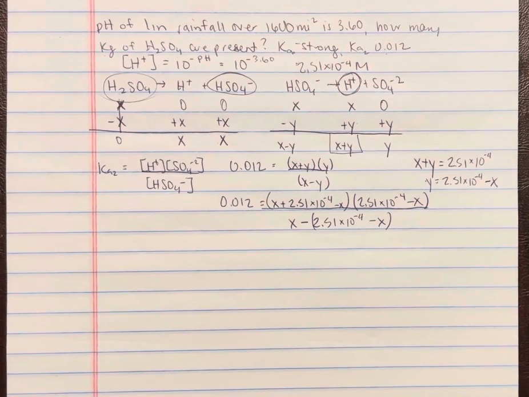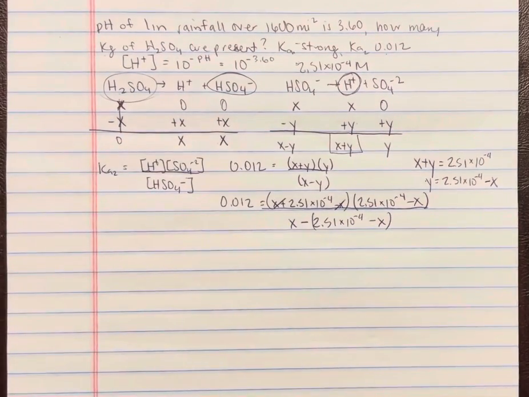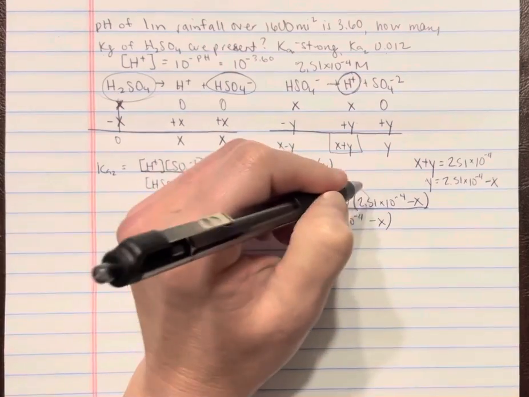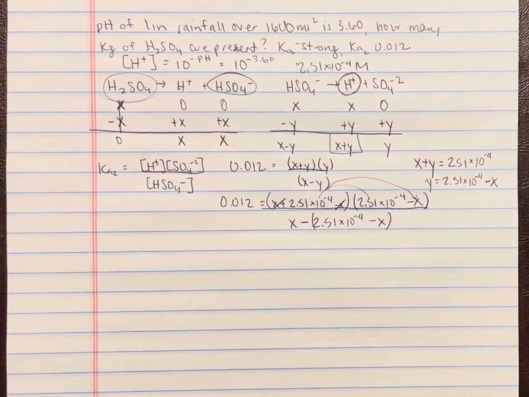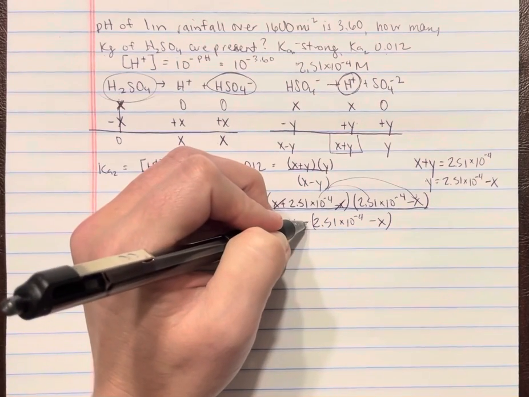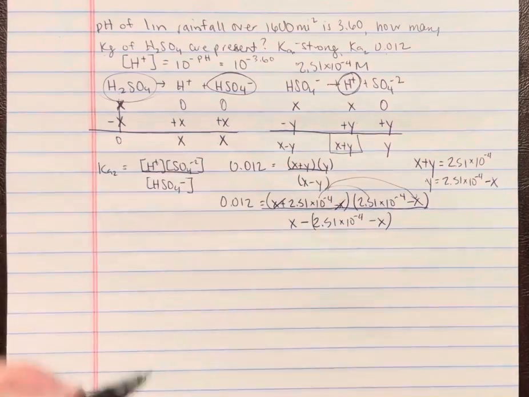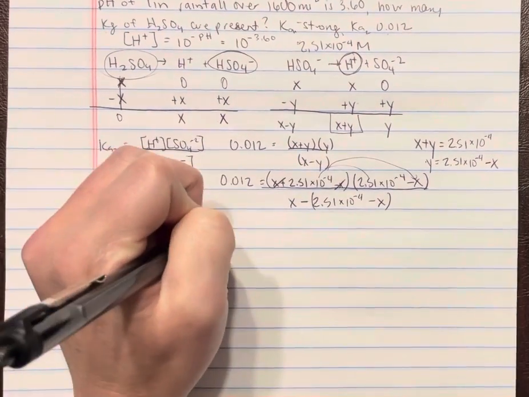So let's clear some things out. These X's are going to go away, and then we'll need to distribute here. This is going to get subtracted, and this is going to be added. So let me carry this down.